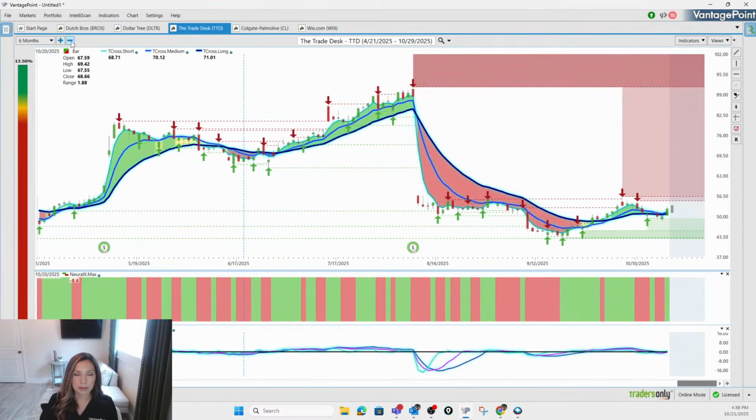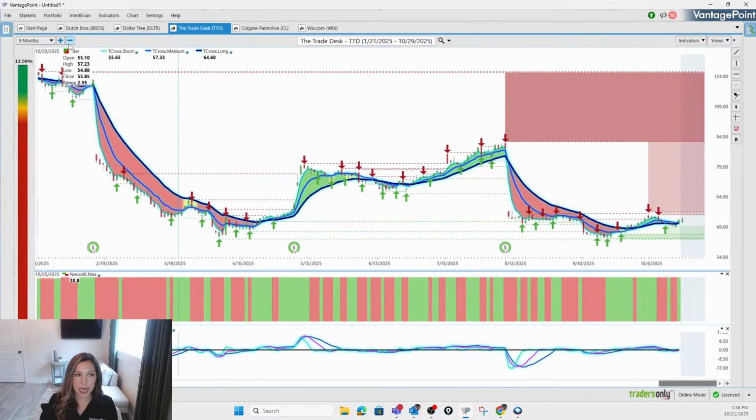We can see that overall, the trade desk over the last year has dropped significantly. And we're at current levels prior to a major bullish move. Well, that support held strong here, and look what happened afterwards, right? So our support is holding strong here, and we not only have a short-term crossover, but we also have our triple cross as well.